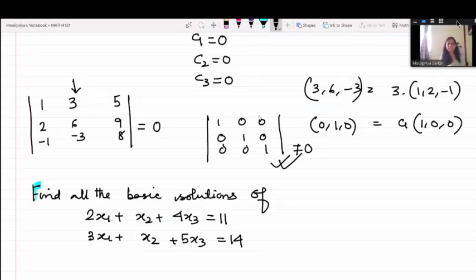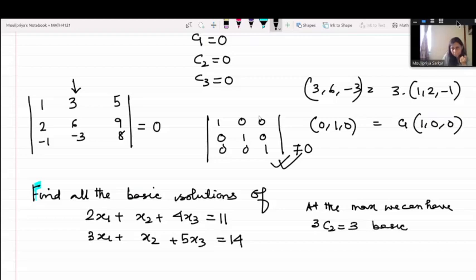This is simpler than the previous one because this has got two equations and 3 variables. So can you tell me at the maximum there can be how many basic solutions? 3. Right. At the max, we can have 3C2 equal to 3 basic solutions.